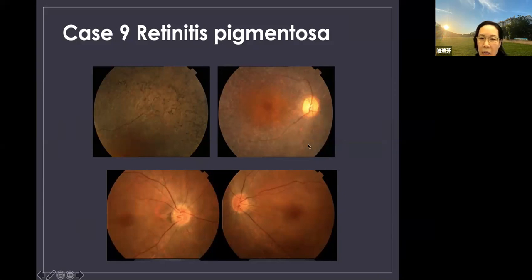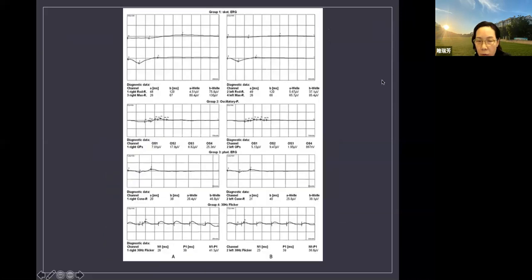Sometimes we see red and greenish dots, which we call pepper and salt pigmentation, and sometimes we do not have any pigmentation at all. But we cannot judge RP only by the retinal appearance. We need to record ERG.